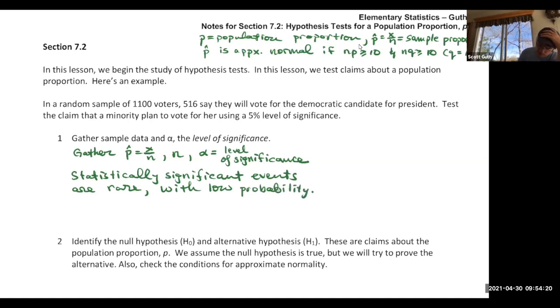Okay, alpha is your rule for how probable a statistically significant event should be.